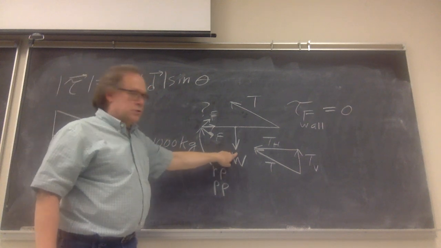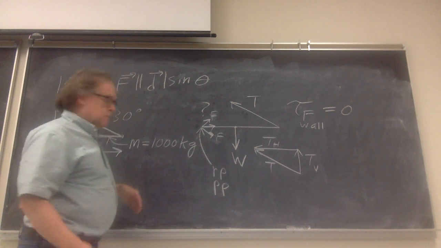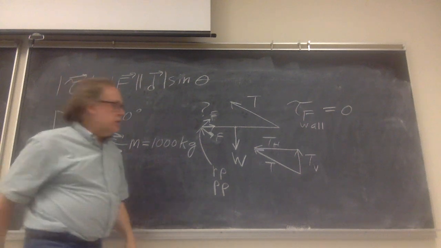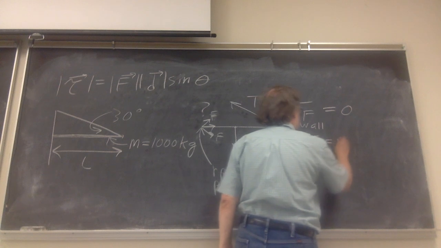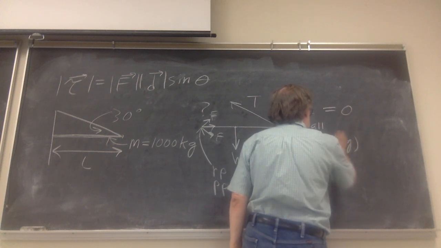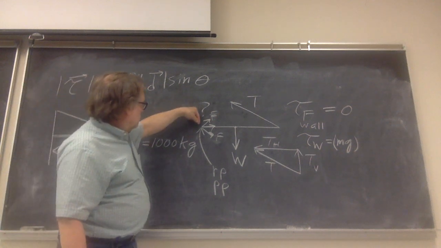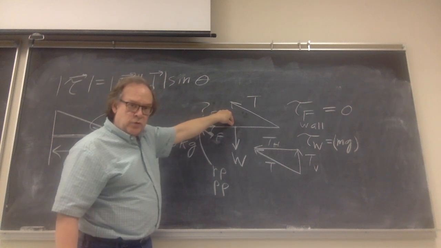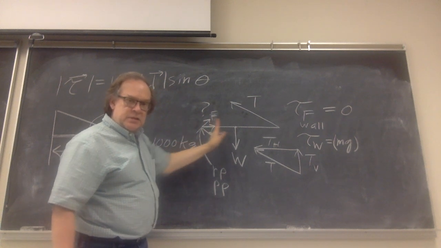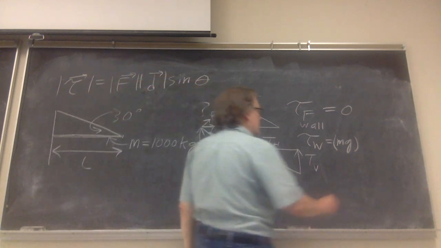In this case, the force that we're talking about is the weight of the beam. The weight of the beam is mass times g. Next factor is the size of the displacement vector, which takes you from the reference point to the point where the force is applied, and that distance is half of the beam's length, or L over 2.